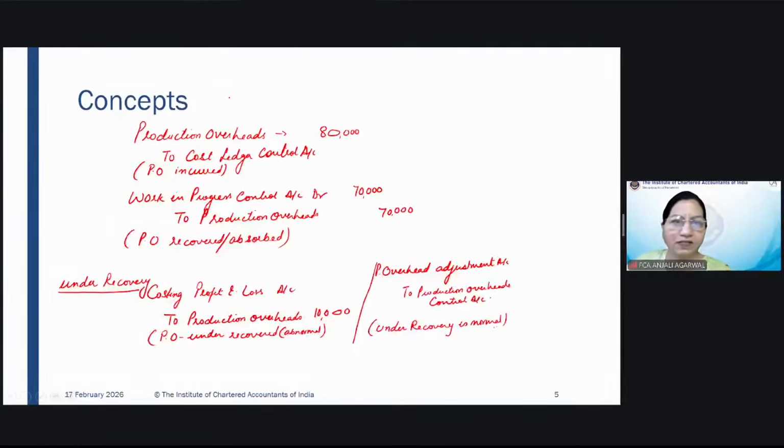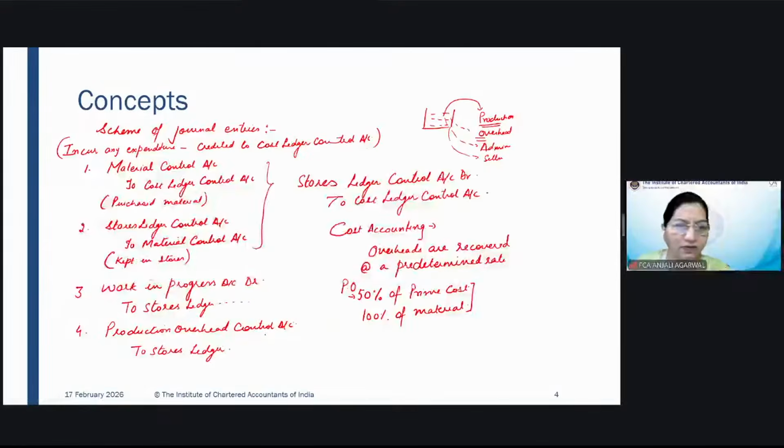Now this is production overheads incurred. But remember in the previous entry here also, some part of the production overhead was also incurred because indirect material was issued. So let us say this is 15,000. So 15,000 rupees material was used as indirect material as production overheads.